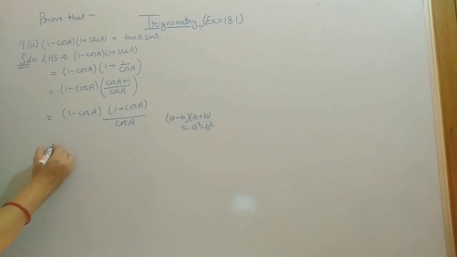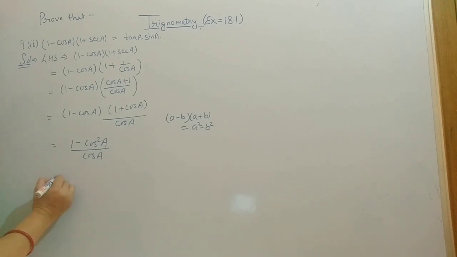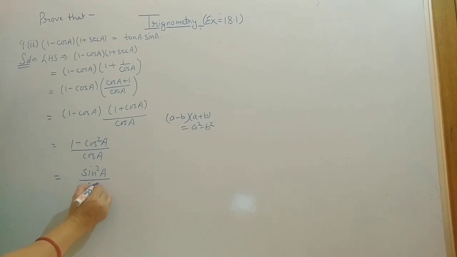So we can write 1 minus cos square A by cos A. 1 minus cos square A, with the help of the first identity, will become sin square A by cos A. Now this sin square A also we can write as sin A into sin A by cos A. Sin A by cos A will become tan A into sin A. So we got the right side.